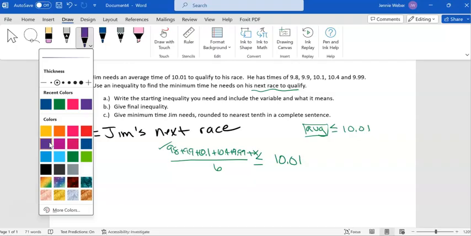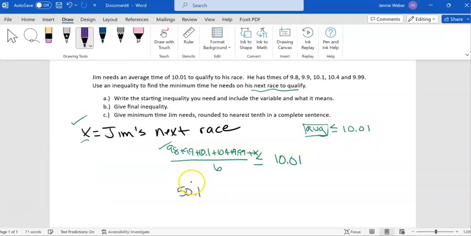Okay, I'm on my third attempt. Hopefully I'll get it right. Hopefully you've already got the right answer. I have to actually add up here. Okay, so I have 50.19 plus x over 6 is less than or equal to 10.01.